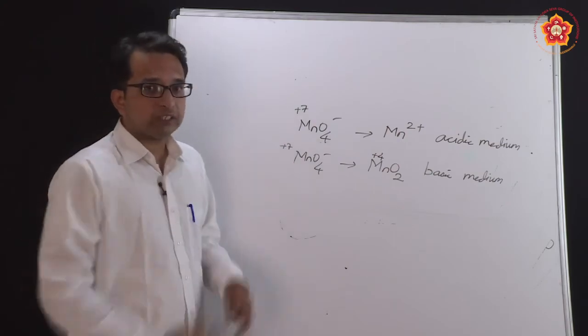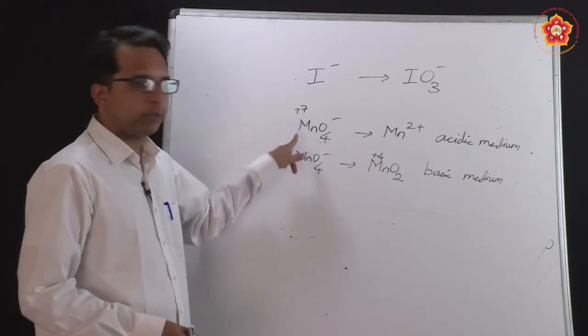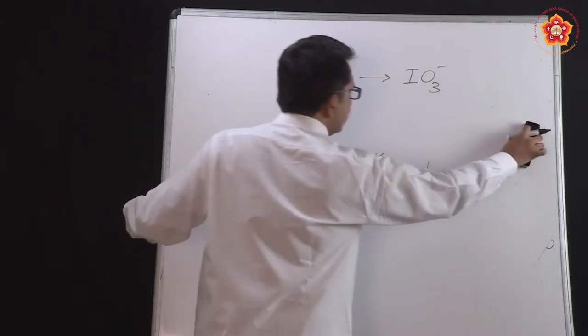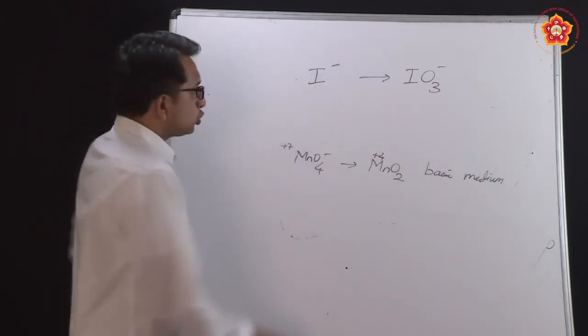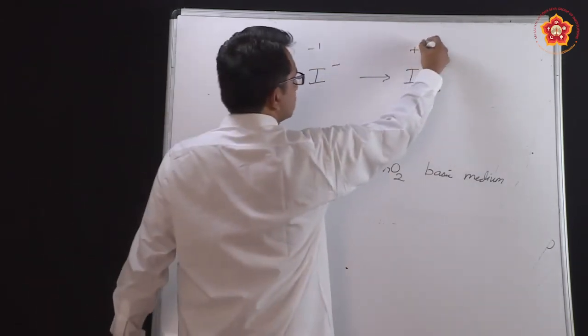So how do we employ this concept here for this system now? Please note that the earlier reaction was converting from I minus to IO3 minus. This was for the acidic medium, which as of now I am not taking. So I am now talking about the basic medium. When I use this conversion, I have already seen that this is -1, this is +5.